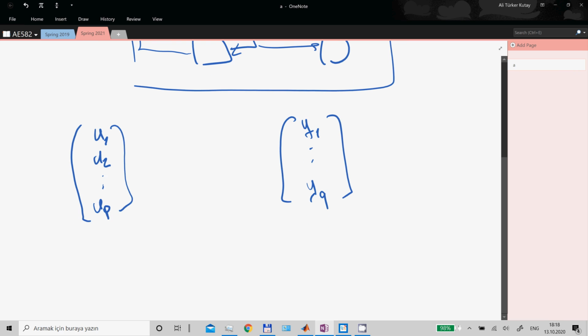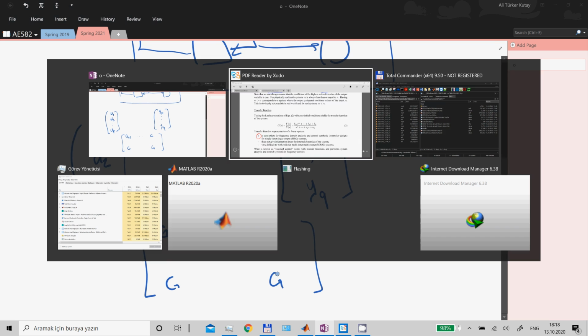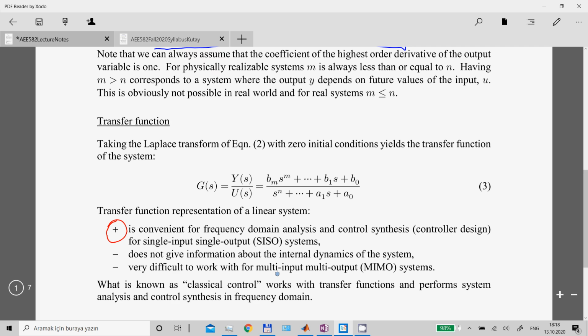You have a matrix transfer function between every input and every output. So if you have a multi-input, multi-output system, you can't really apply the methods that we use in classical control.